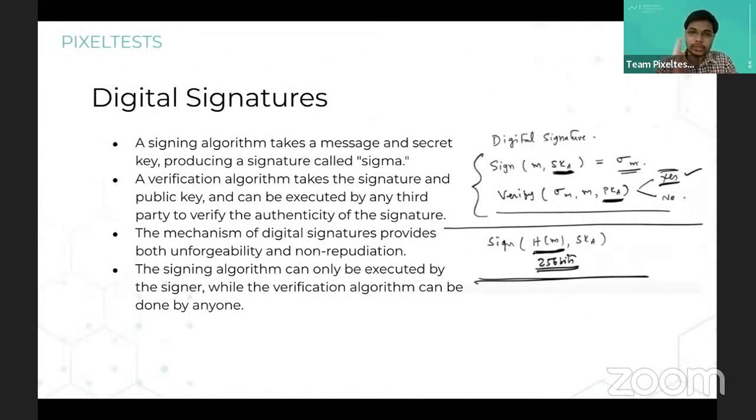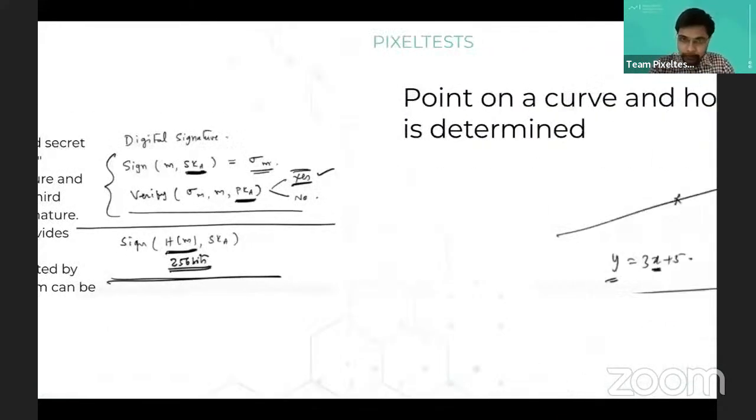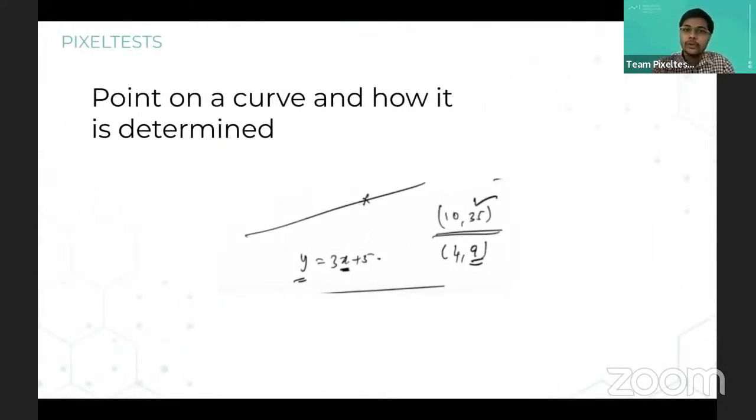Now, if you understood till now, you understood the concept properly. But if you want to dive a little deeper into how this security works, we'll go into a little technicalities here. We are doing a little geometry.